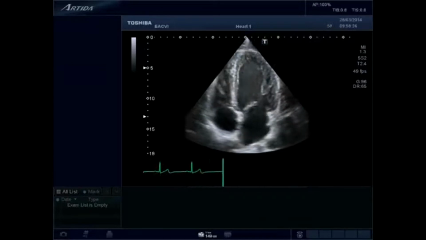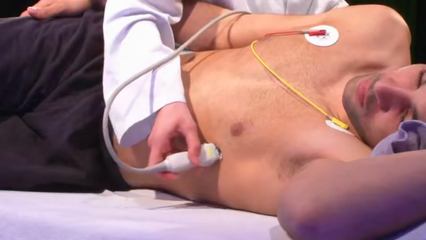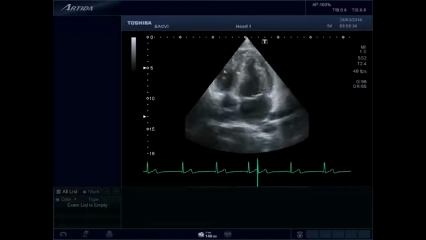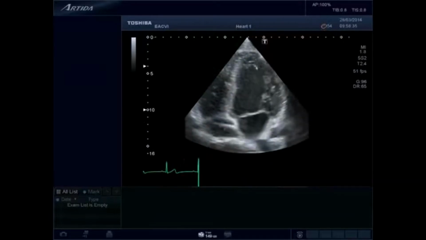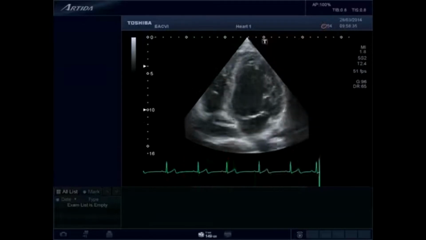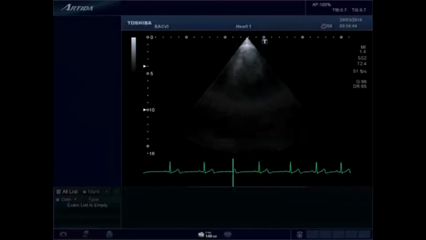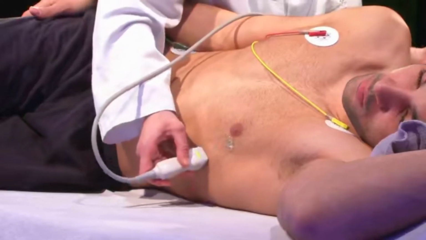So we have to avoid the foreshortening of the apical view, and the foreshortening is when you are too up in the intercostal space, and you can see here that the four cavities are a little bit truncated, and in order to obtain a standard view, you have to be really, really down in the intercostal space.